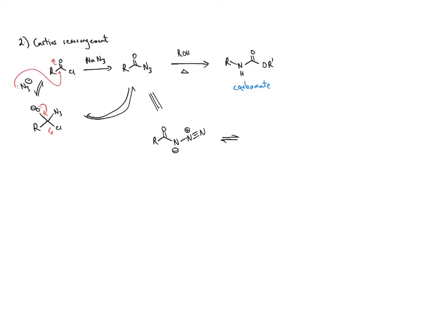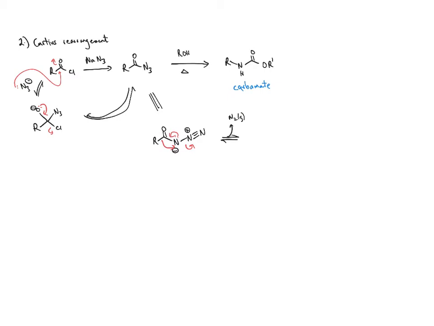And so we have to follow along the set of arrows here. And so the lone pairs on nitrogen move down to form a double bond. The R group is going to move over and populate that sigma star nitrogen-nitrogen bond, which then breaks the nitrogen-nitrogen bond. So you're going to release nitrogen gas as a byproduct of this reaction.